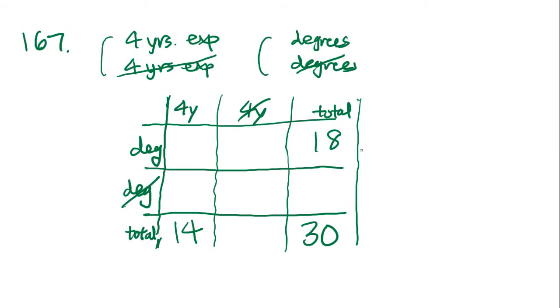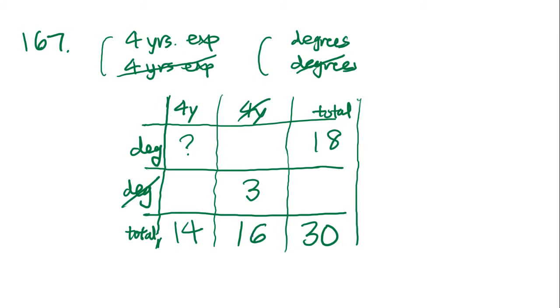And 3 had less than 4 years experience and did not have a degree. So less than 4 years, no degree. This is going to be 3. And they're asking how many of the applicants had at least 4 years experience and a degree. So this is the box we're looking for. 30 minus 14 is going to be 16.